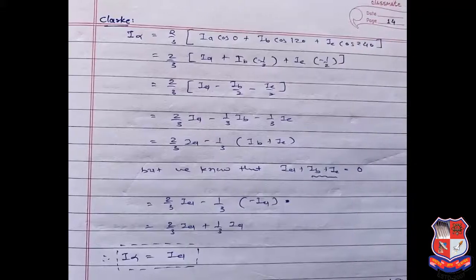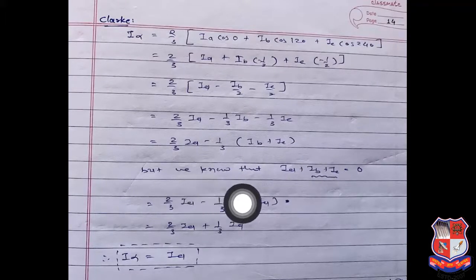Finally, cos 0 is equal to 1, cos 120 is minus 1 half, cos 240 is also minus 1 half, so it is given by 2 by 3 into IA minus IB by 2 minus IC by 2. Further simplifying, 2 by 3 IA minus 1 by 3 IB minus 1 by 3 IC, so it is given by 2 by 3 IA minus 1 by 3 common, IB plus IC.